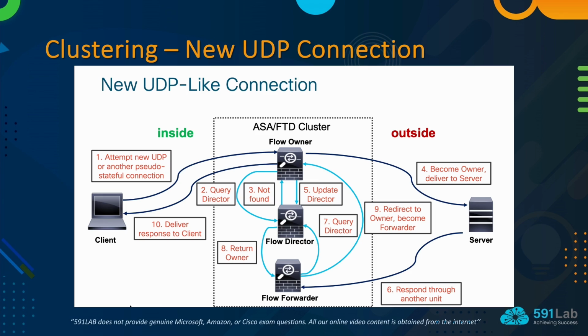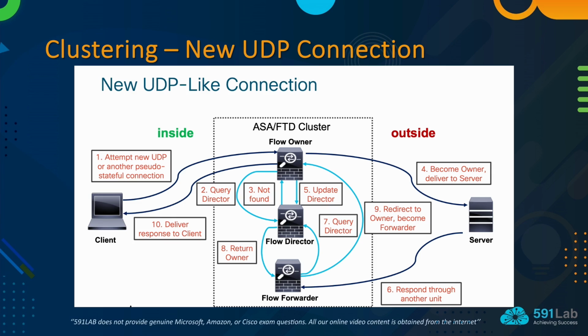The member that initially took ownership becomes the flow forwarder for this connection, facilitating subsequent data exchanges. If the client initiates additional requests to the server using the same service or port, the FTD cluster might choose to redirect those packets through the director for further processing or inspection before forwarding them to the server.